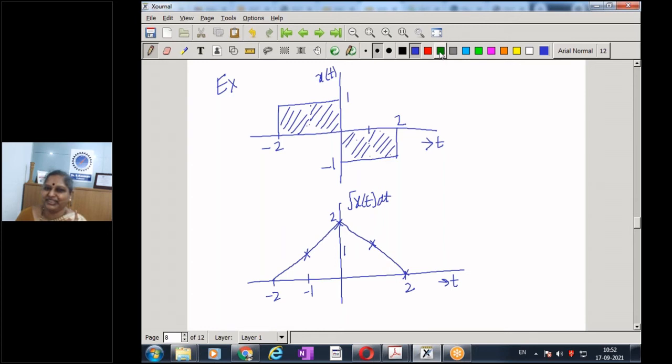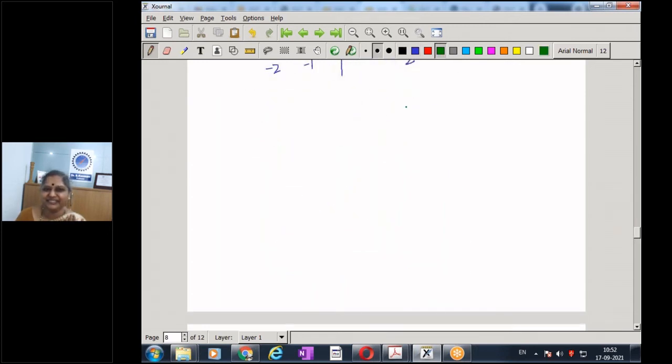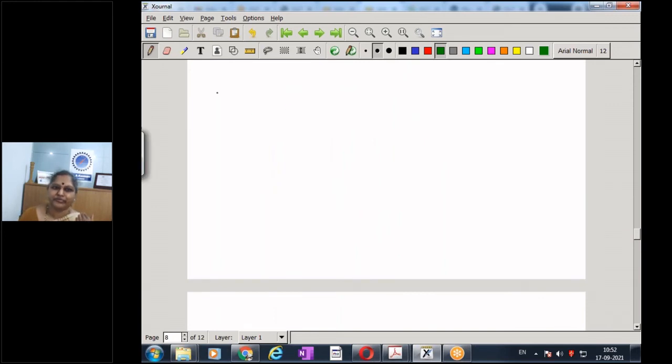Okay, last example in integration, an answer which you all know. Let us say cos 2 pi t.